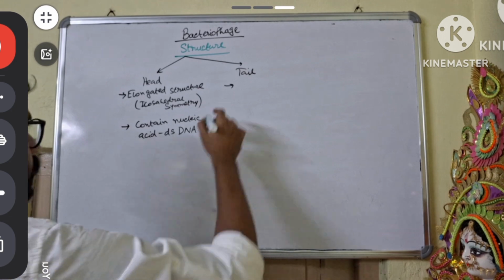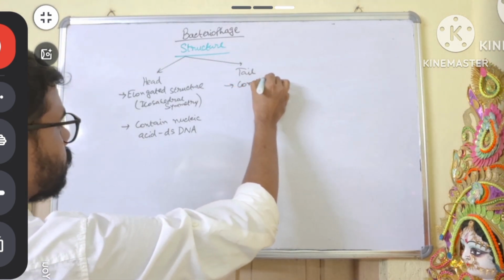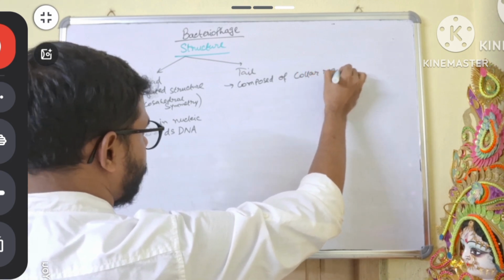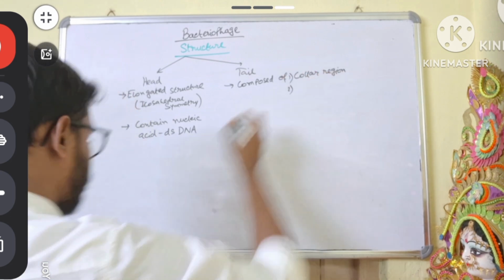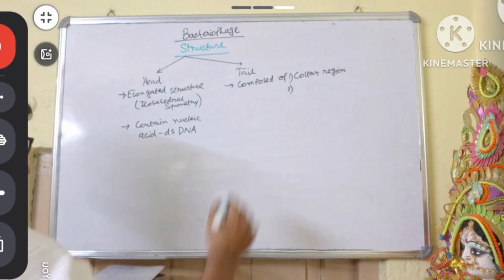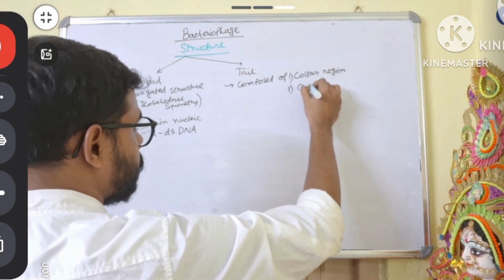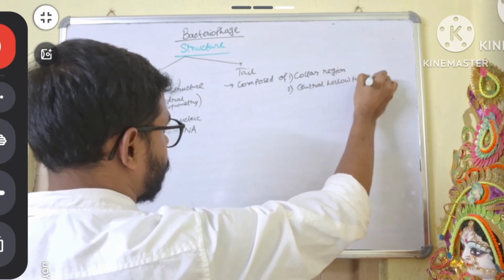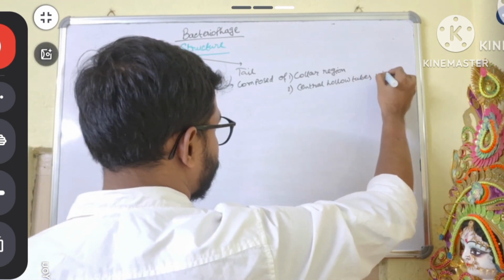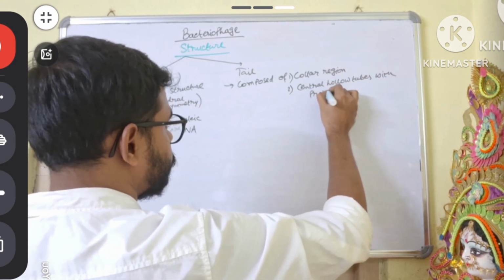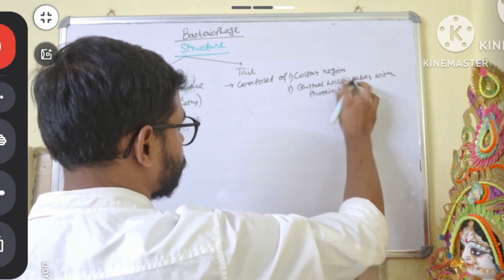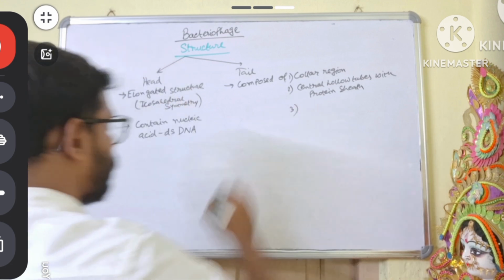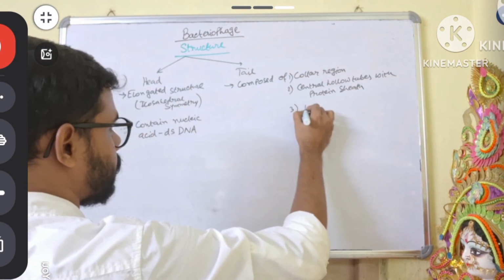They are composed of collar region, they are composed of central hollow tubes with protein sheath, and they are composed of base plate.